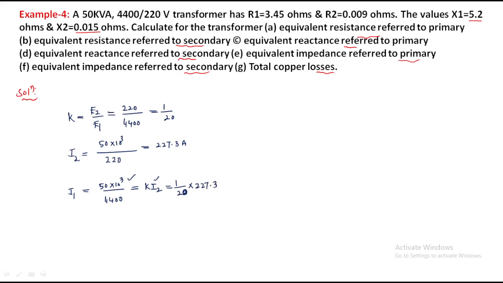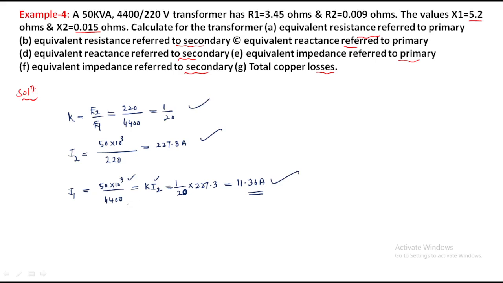The kVA rating of the transformer by E1. In any case you will get the value of I1 as 11.36 amperes. Clear? I2 is 227.3, I1 is 11.36, and K is 1 by 20.